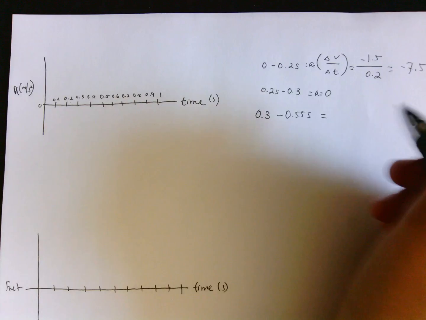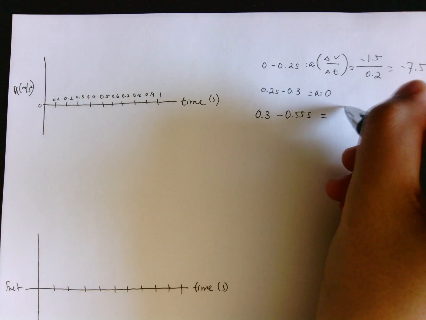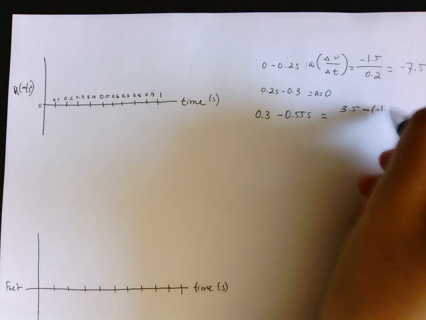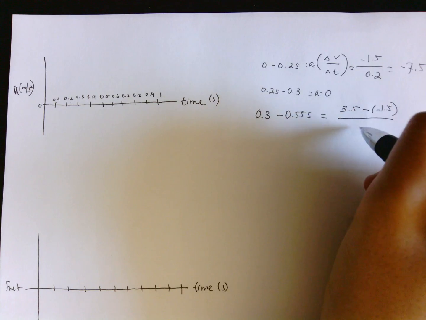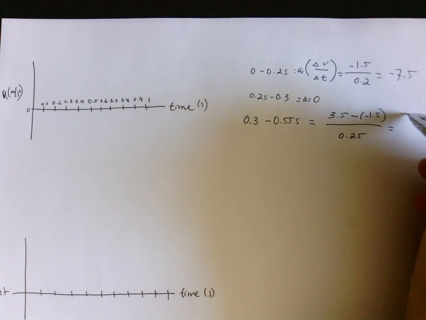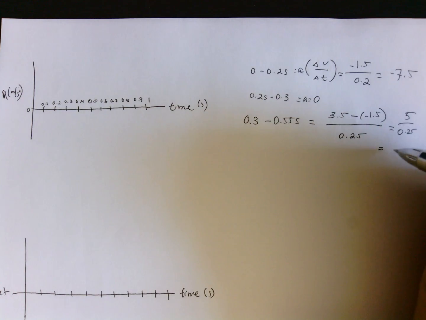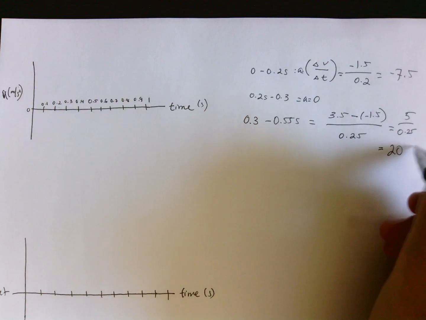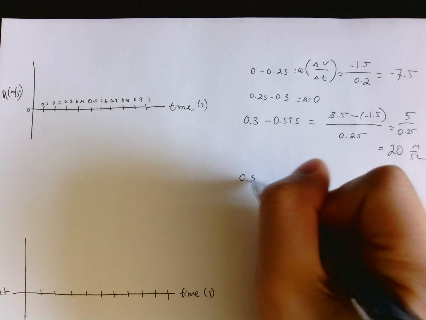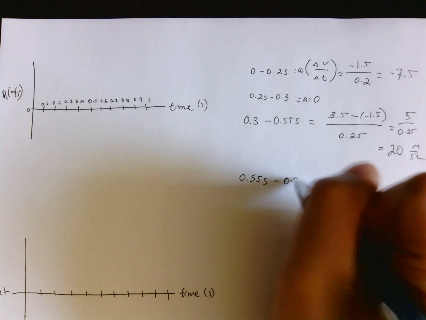And we see that the velocity goes from negative 1.5 to 3.5, so delta v is 3.5 minus negative 1.5, and the delta t is 0.25. So this is equal to 5 over 0.25, which is equal to 20 meters per second squared.